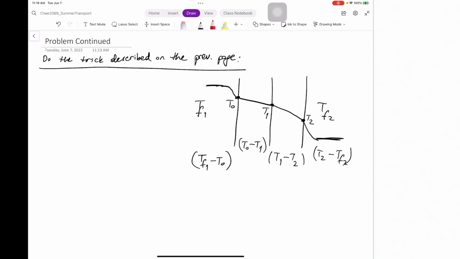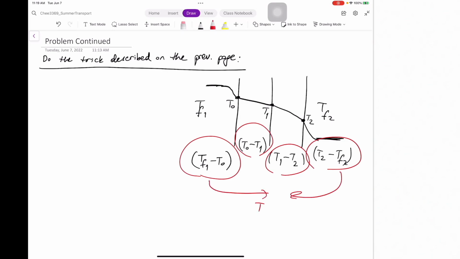If I know those expressions, I can add them and find out the difference between TF1 and TF2 in terms of the fluxes, which is constant throughout the system. So you can find out the relation between the difference of the fluid temperatures and the fluxes. Okay, so that's the recipe that we're going to do.